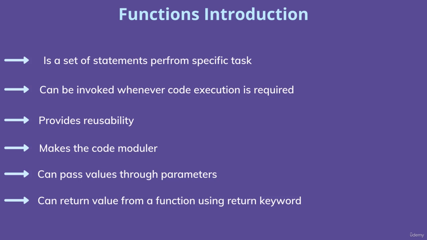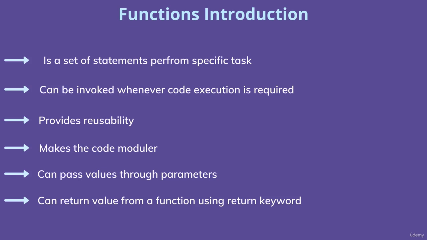But if I allow parameters in the function, every time I call that function, I can pass a different value. In this case, my function will be more effective and give me a better result.